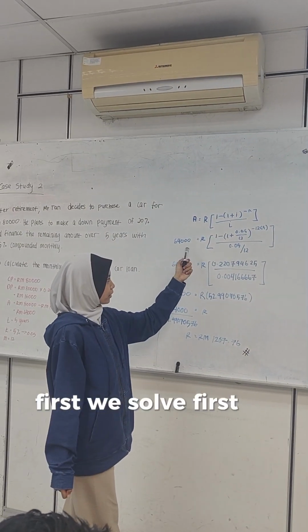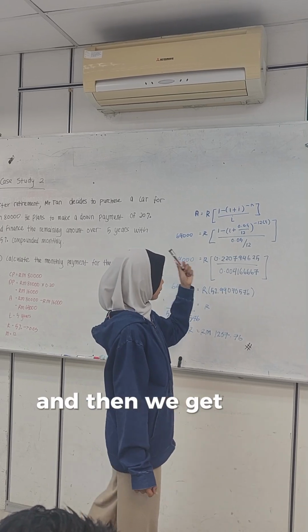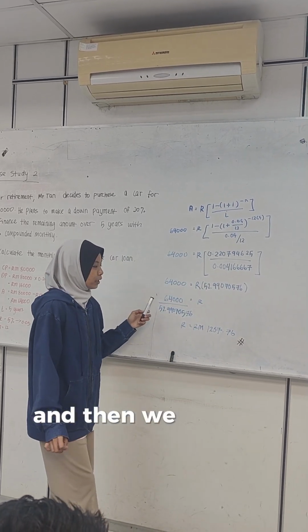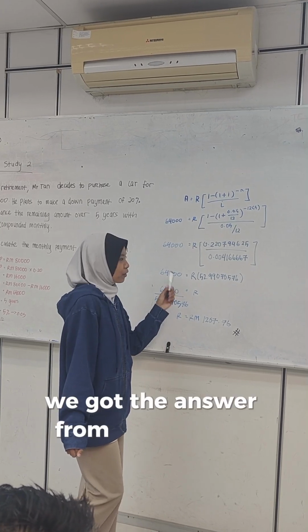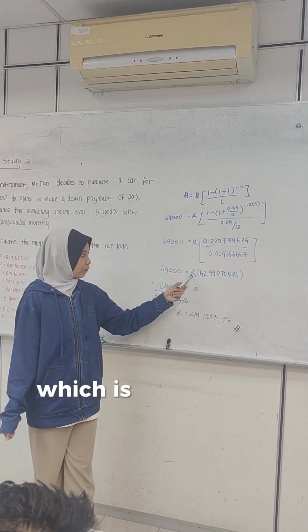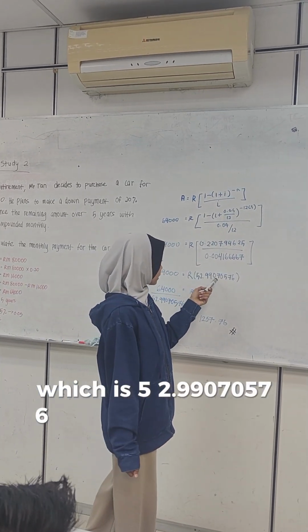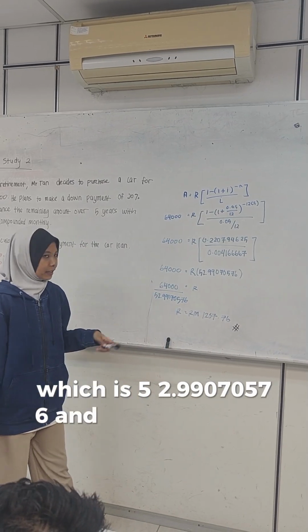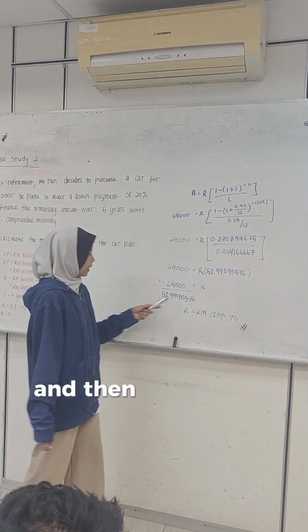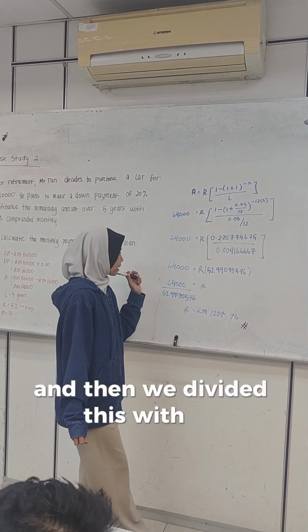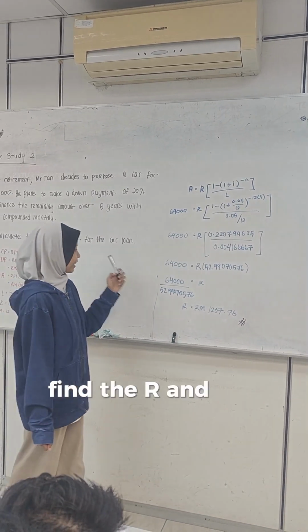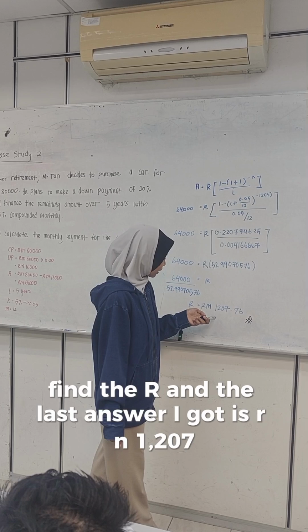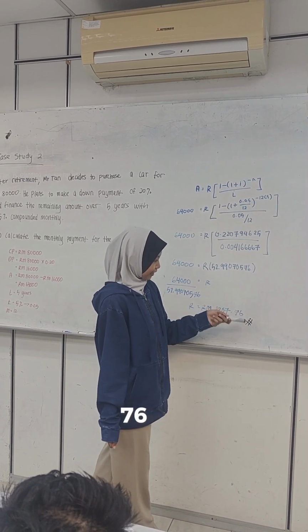First, we solve inside the bracket, and then we got this answer, 52.99070576. And then we divide this into 84 thousand to find R. And the last answer I got is RM 1,207.76.